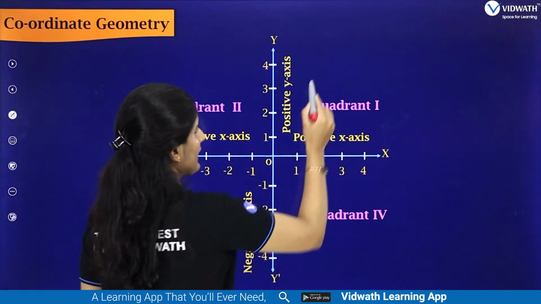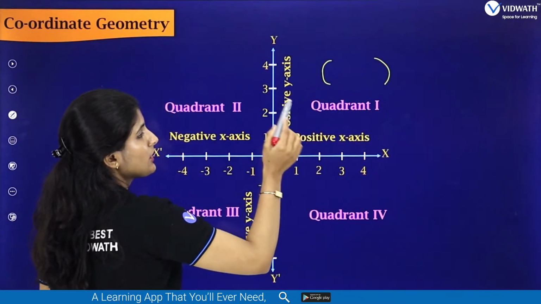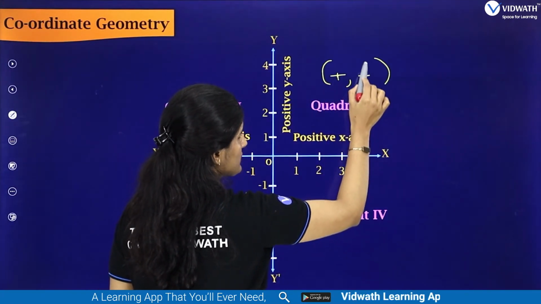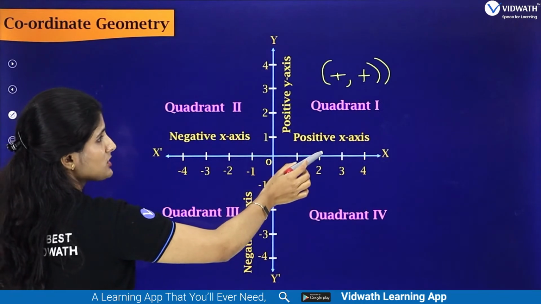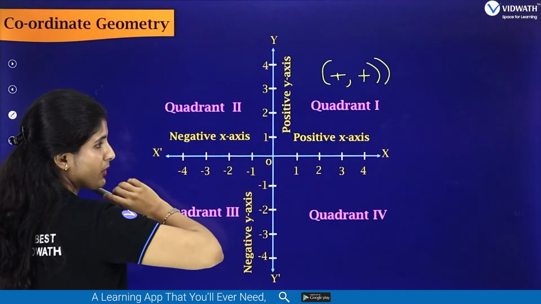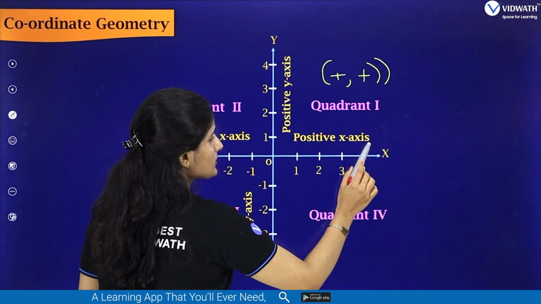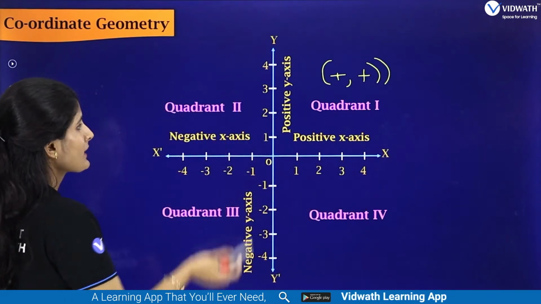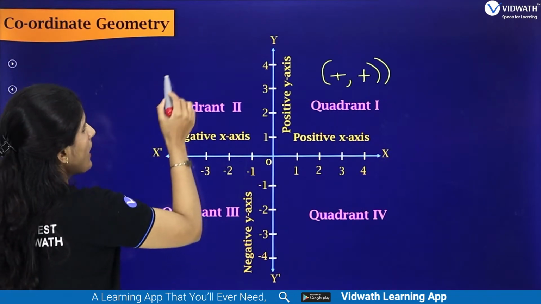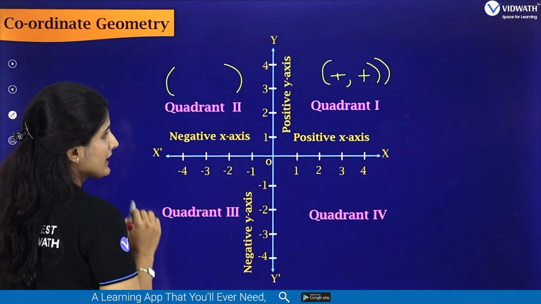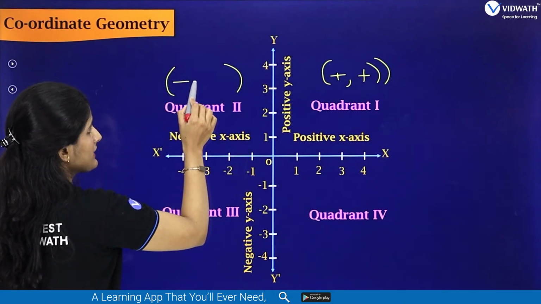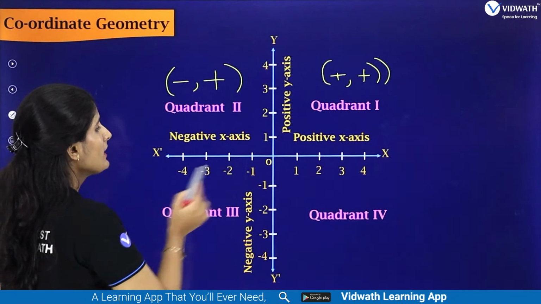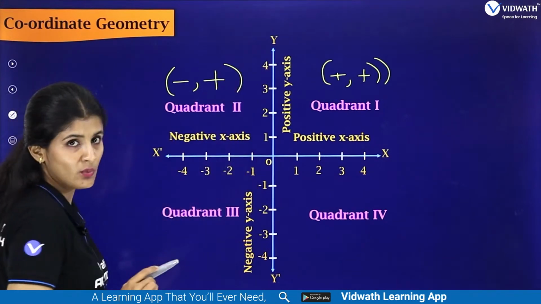Clearly, we can see that all the points in the first quadrant will have both coordinates positive. That is, the x coordinate will be positive and the y coordinate will be positive, since the first quadrant is formed between the positive x-axis and the positive y-axis. In the second quadrant, the x coordinate is negative and the y coordinate is positive, since the second quadrant is formed between the negative x-axis and the positive y-axis.